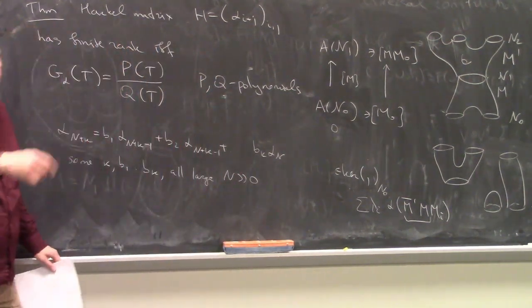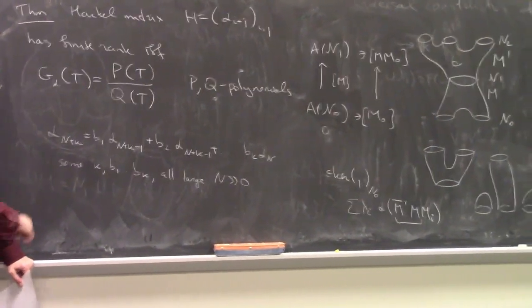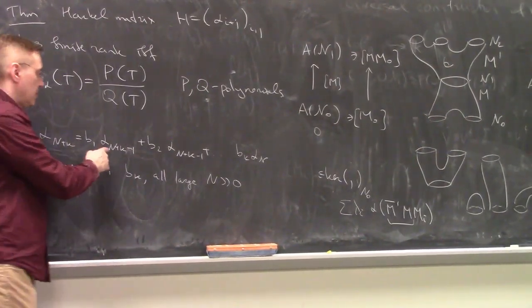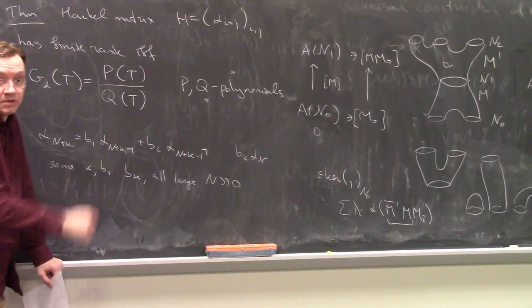For n starting from some position, you have to have this recurrence relation. So the next number must be a linear combination of k previous numbers with fixed coefficients.